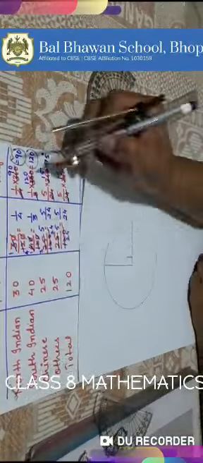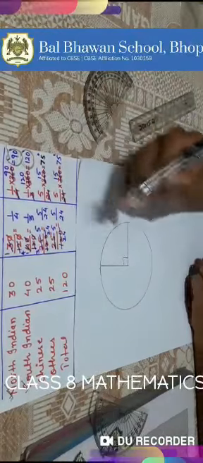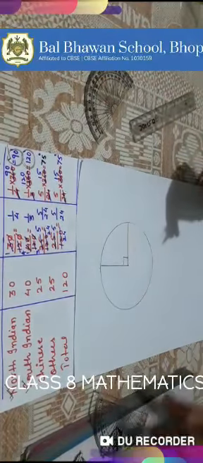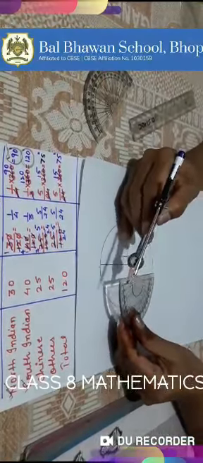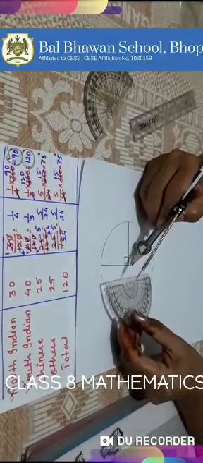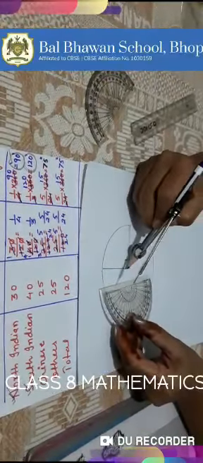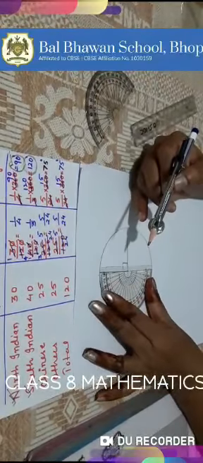Now the second central angle, for South Indian, is 120 degrees. Now we have to draw a 120 degree central angle on the same circle. So how to do it? Again, the base of the protractor should overlap the radius, but not the first radius this time. This radius should overlap with the base of the protractor like this.